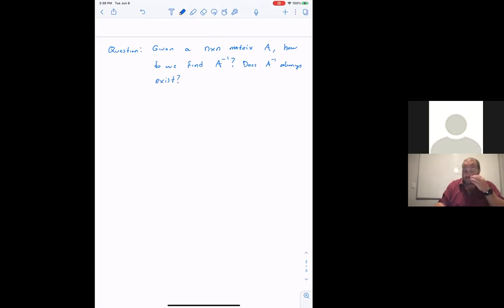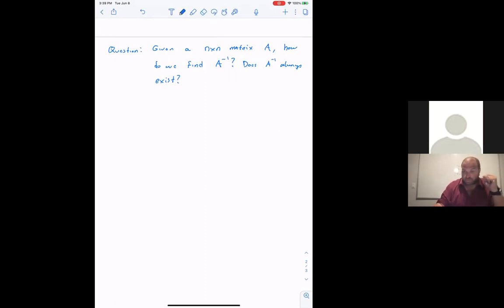The answer to the second question is no. You can think about it in terms of numbers. 3 times 3 inverse is equal to 1, sure. But what is the inverse of 0? 0 times what is equal to 1? Well, this doesn't even make any sense. 0 has no inverse.